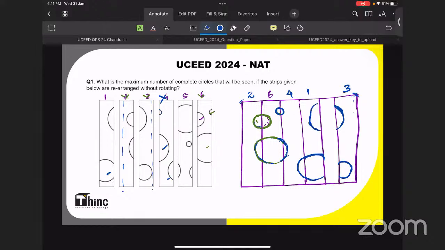If I place 5 over here, then I can use this much portion, so that circle is complete. And coming to the bottom, a very small portion is there, so it will complete a circle and a small portion over here.